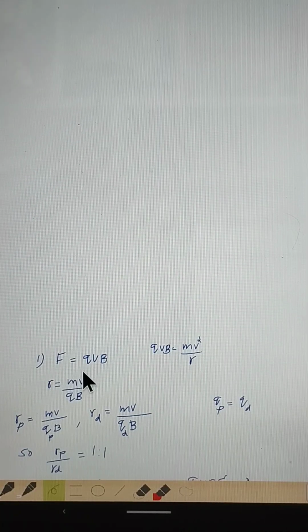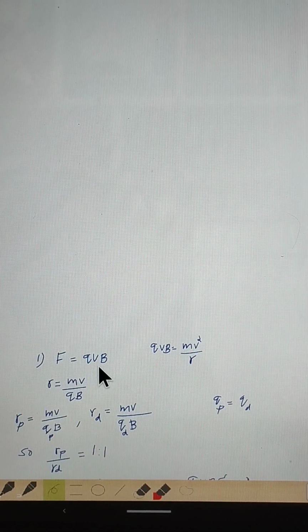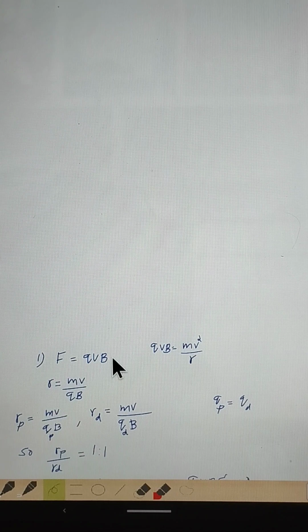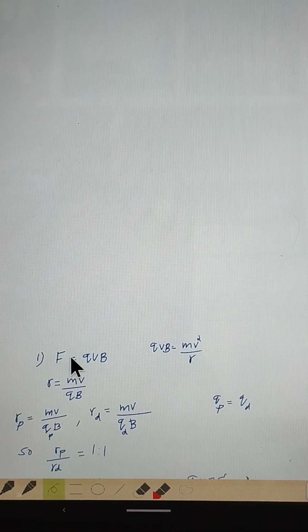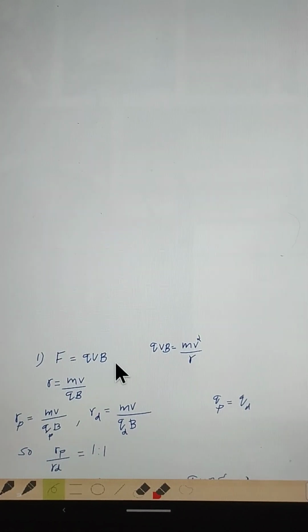We know that when a charge q is moving with a velocity v in a magnetic field of intensity B, that charged particle will experience a force. Force is equal to q into v cross B, which is qvB sin theta.